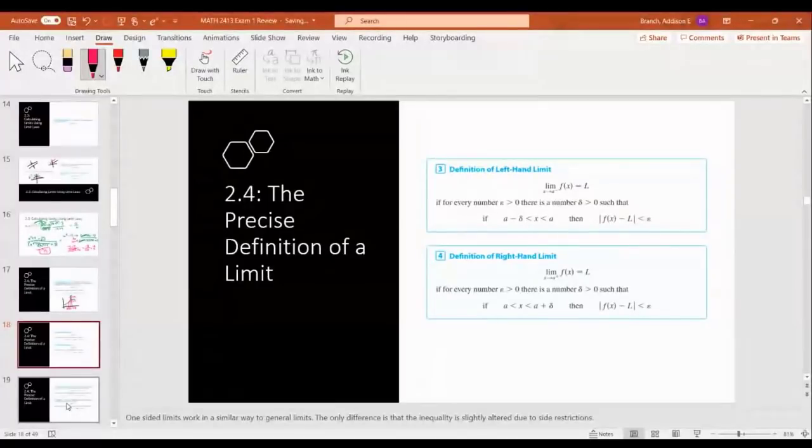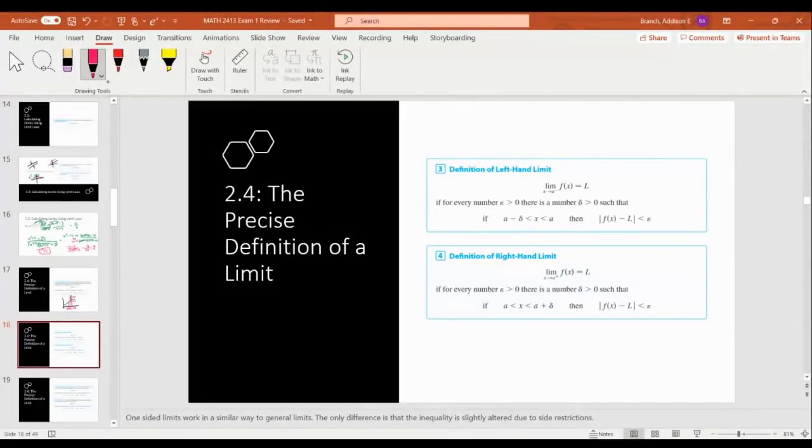And that same definition can also be applied to single-sided limits. The only thing is it will slightly change the way your inequalities are set up, and pretty much all it is doing is showing what side of a you're looking at.